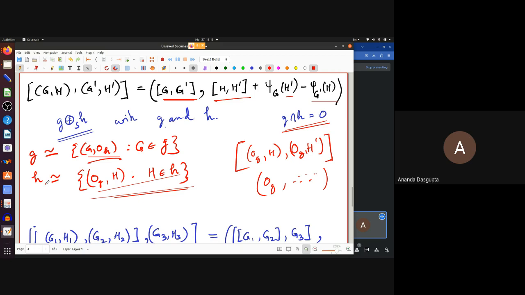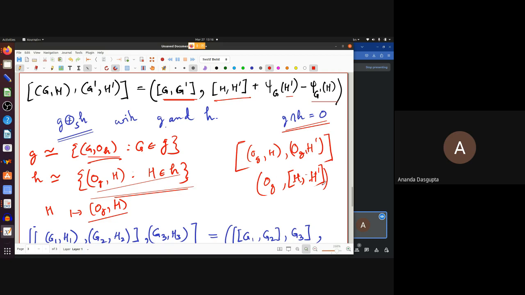But is this going to be the same Lie bracket essentially as that of small h? That is, am I going to get this? If I get this, then corresponding to every small h element, there will be a corresponding element (0, h) in the semi-direct sum, and then this will work out.